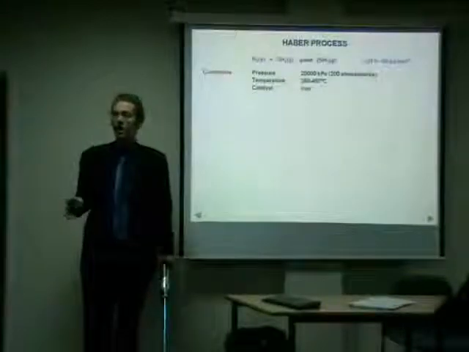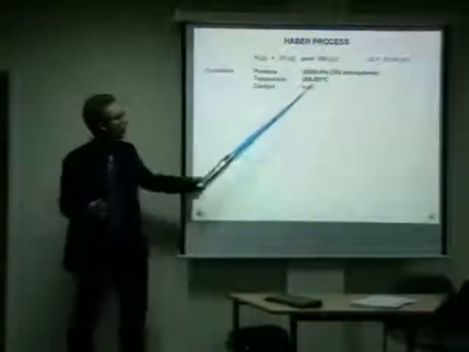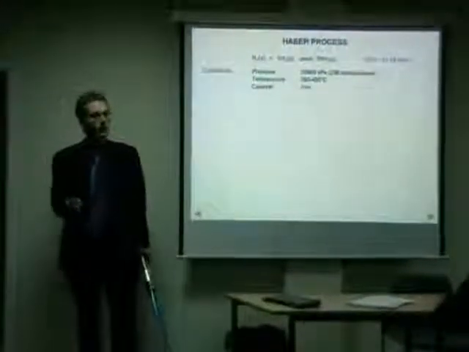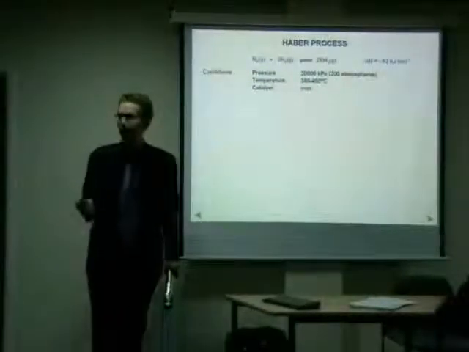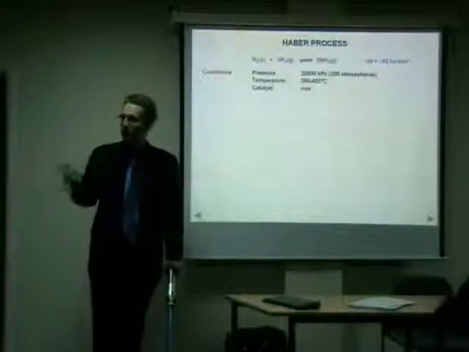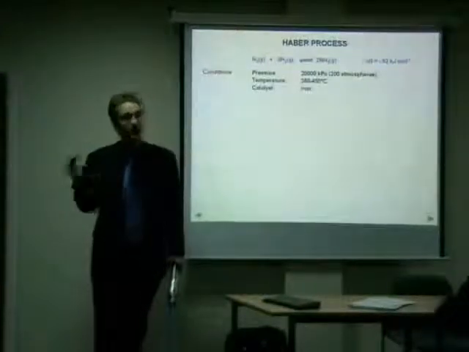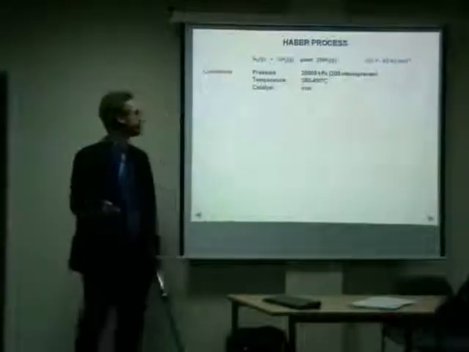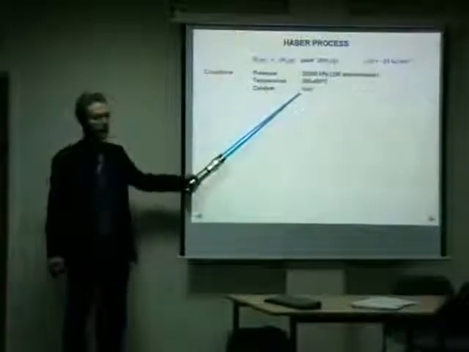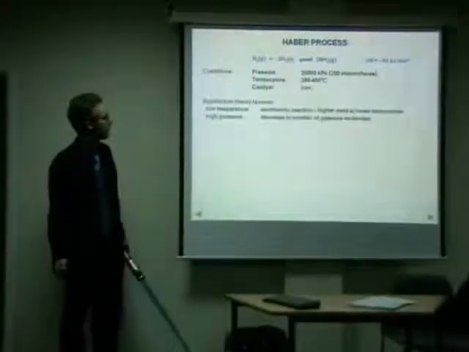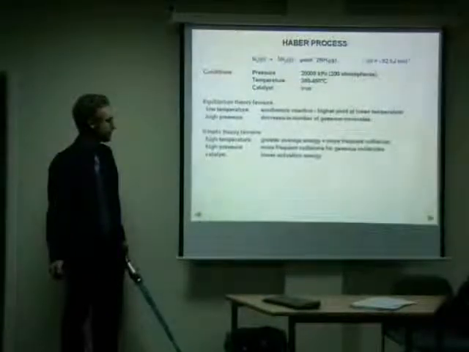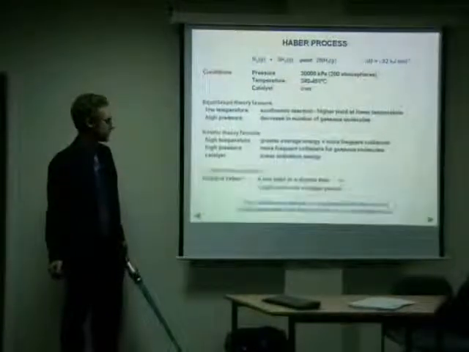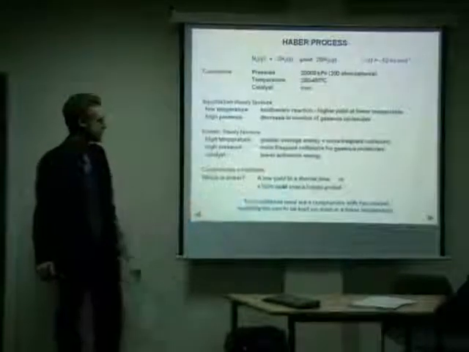And with the Haber process, a compromise temperature is found that allows a little bit to be made, but it's made quickly. That's the compromise between rate, how fast, and yield, how much. Catalyst, iron. We've gone through all of those, and there's your compromise.